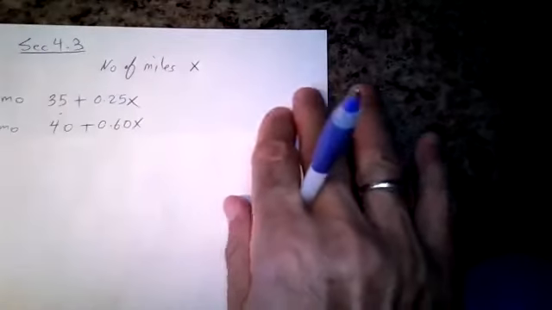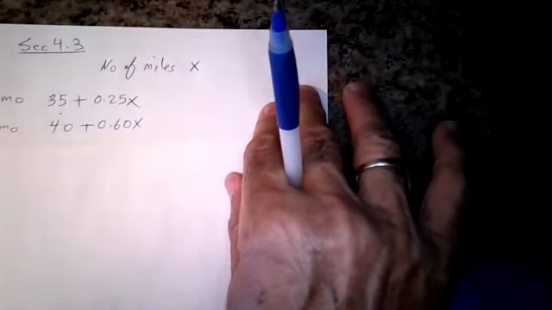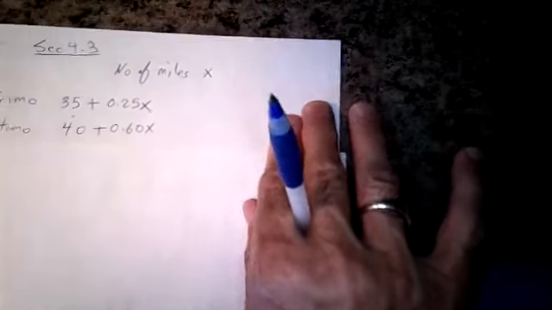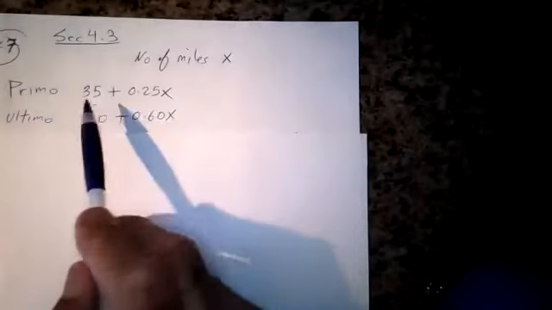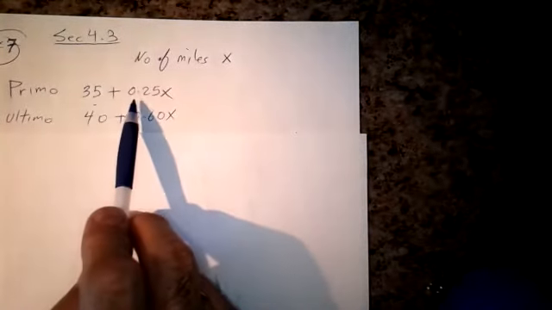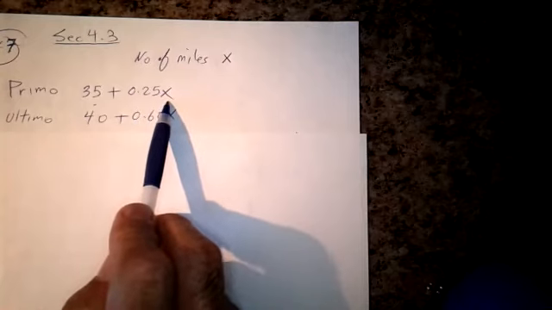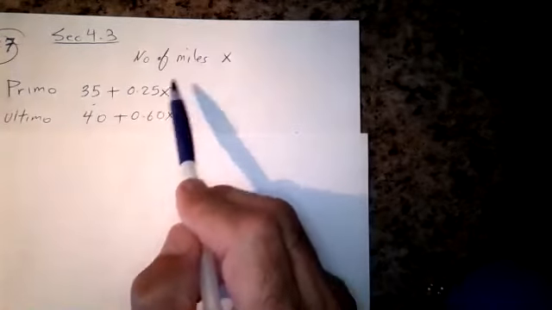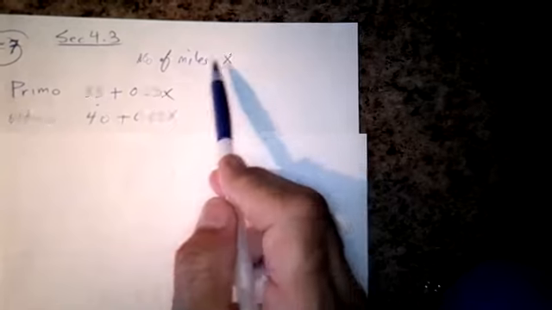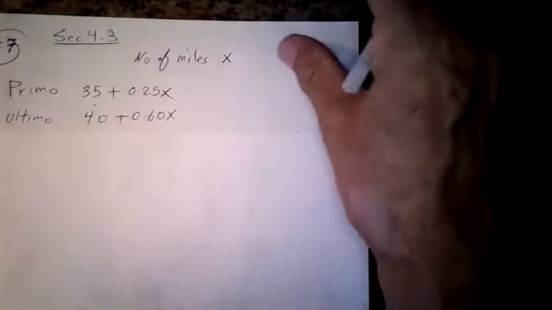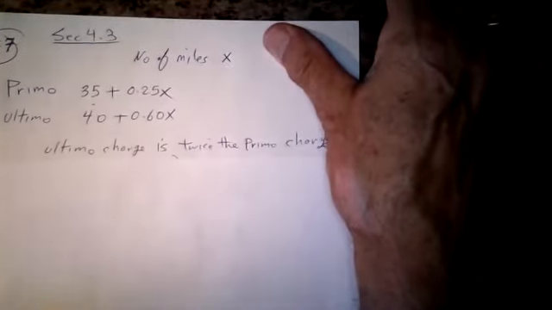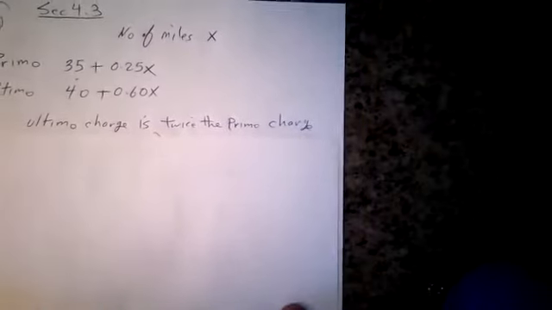Okay, so this is how you do the translation of these two. The first one has $35 flat per day and 0.25 times how many miles? So if I go 10 miles, we multiply by 25 cents. And the second one, 60 cents, right? They're saying that Ultimo's charge is twice the Primo charge.